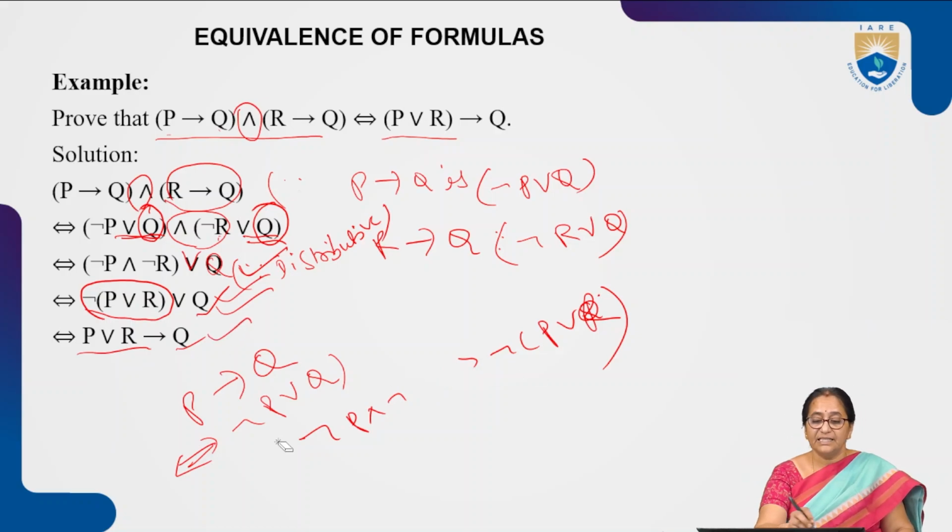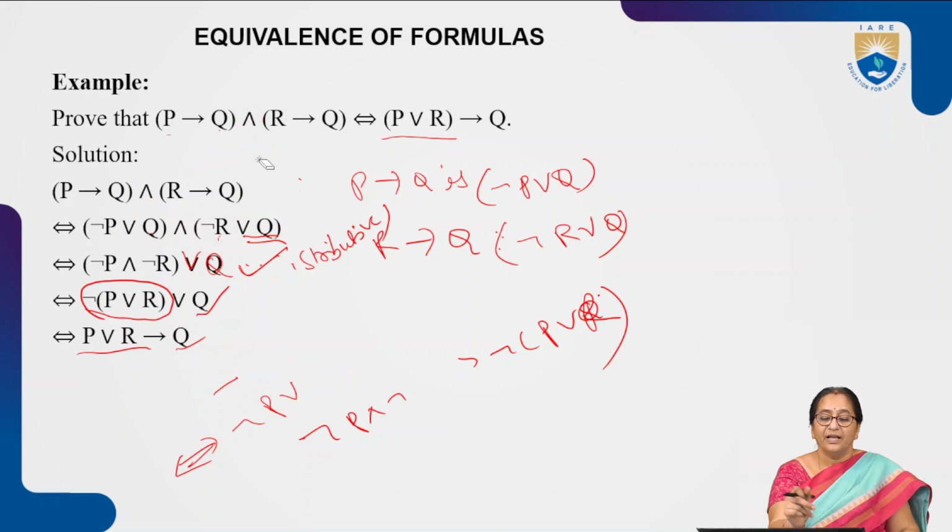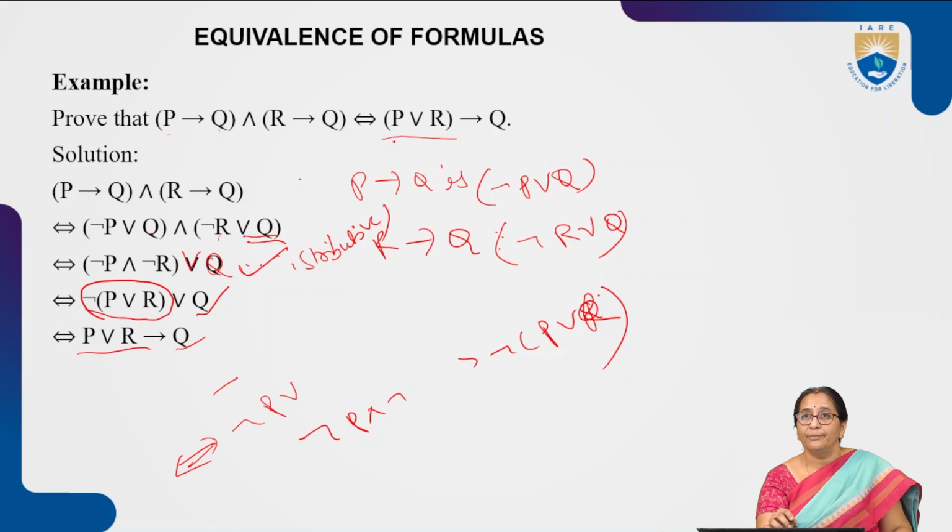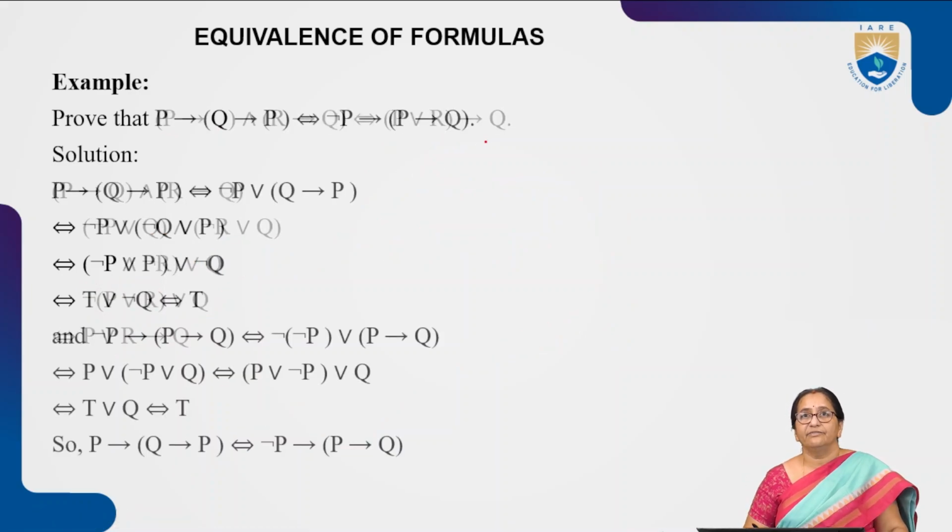We can say that the given formula (P → Q) ∧ (R → Q) is equivalent to (P ∨ R) → Q. Like that we can identify.